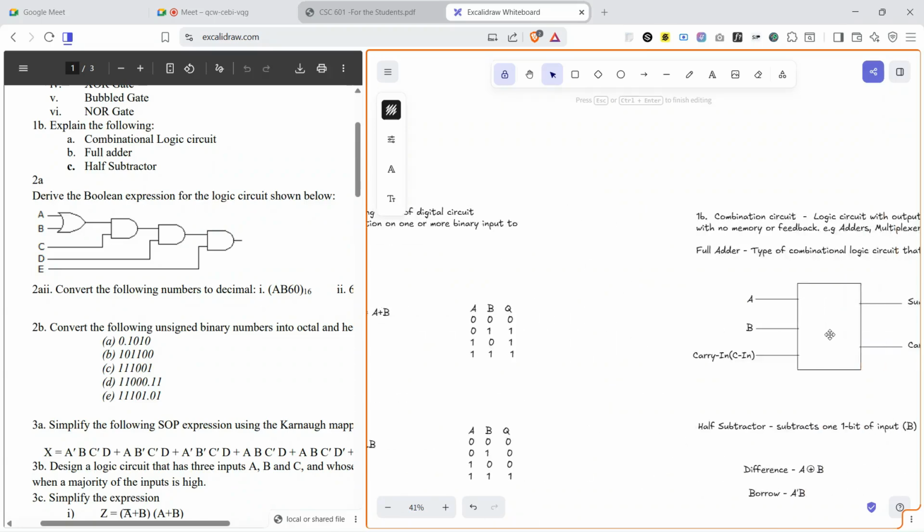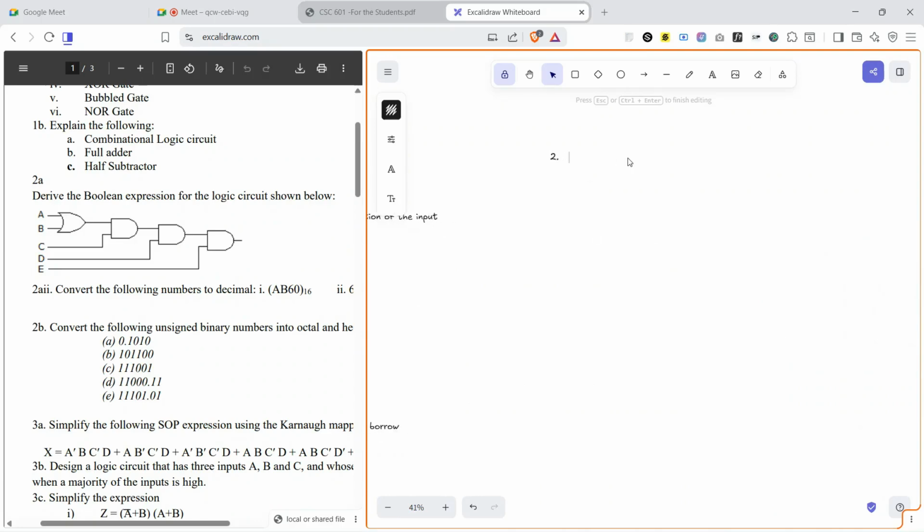So AB is an OR gate, so the answer would be A plus B, then ANDed by C, then ANDed by D, ANDed by E. This is the Boolean expression from this logic.